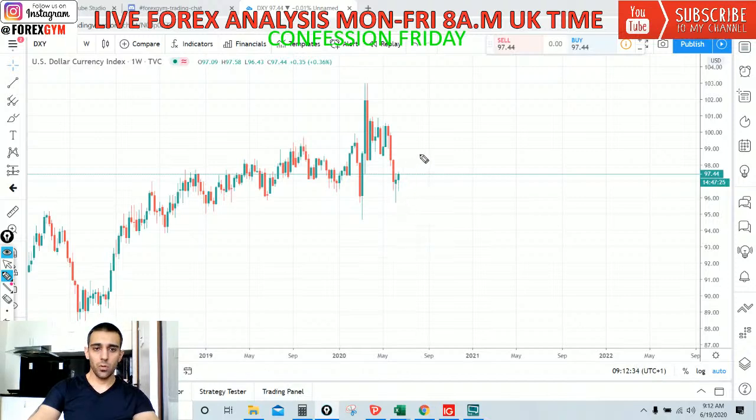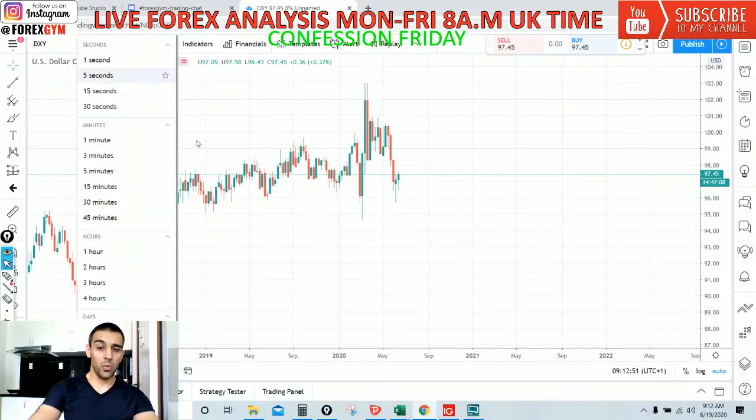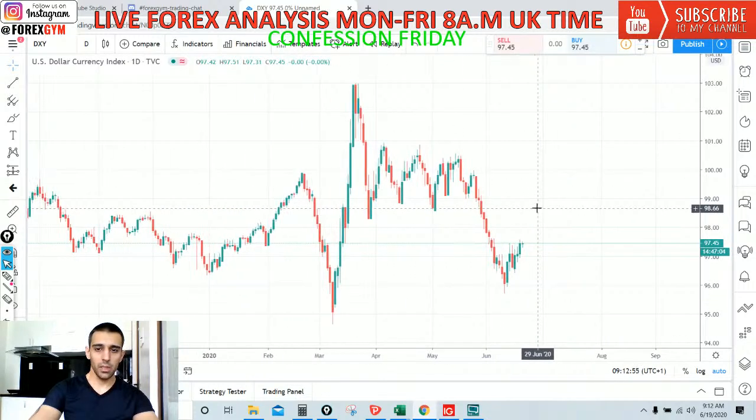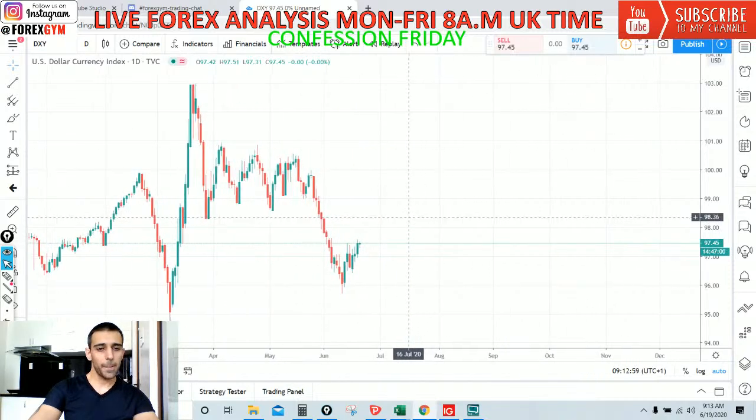So I would be more short on this one, rather than expecting the price to continue up. For now it does look pretty weak. On a weekly time frame it's a pullback, just pulling back up, and on the daily time frame I would still call it a pullback.